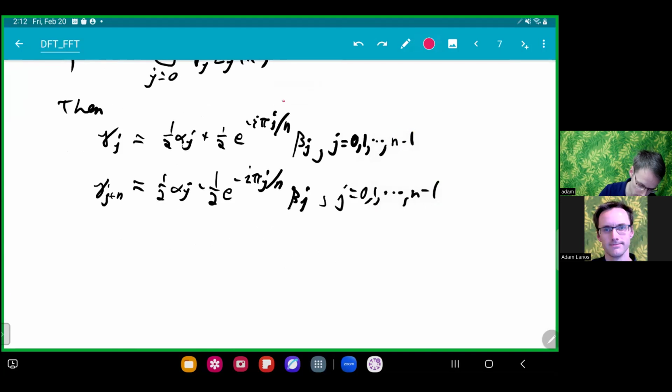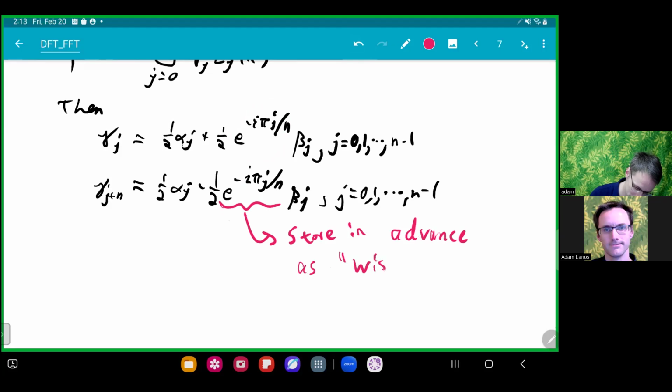One thing is that these factors here, that are sometimes called the twiddle factors, I don't know why they're called the twiddle factors, but somebody called them that. These can be computed in advance and stored in memory. And these are sometimes called wisdom.